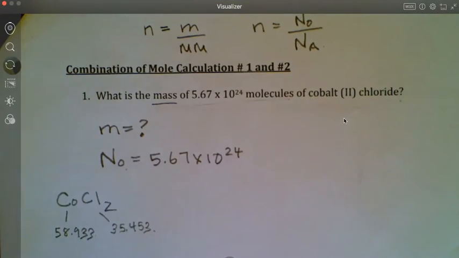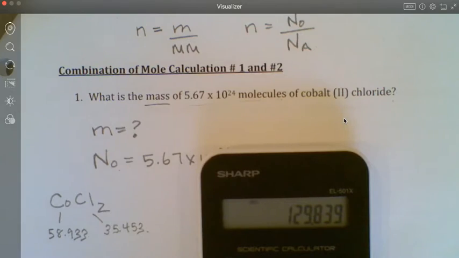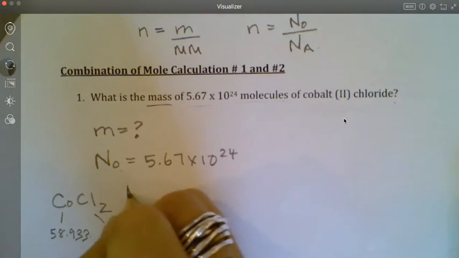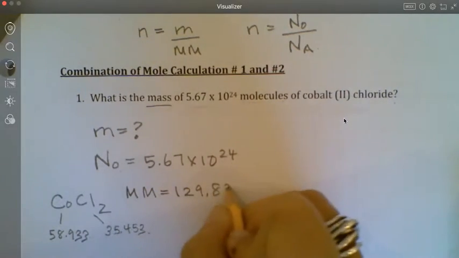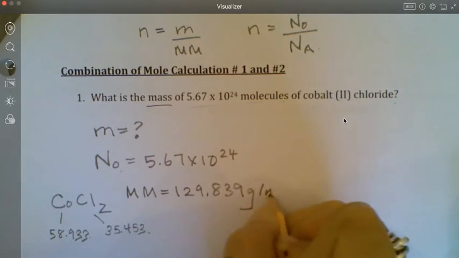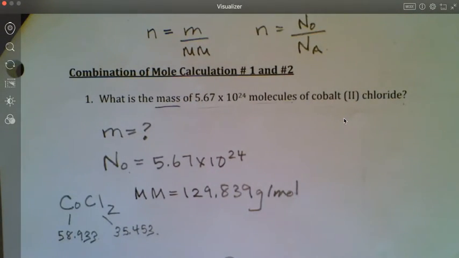I've got 1 cobalt, which is 58.933, and I'm going to add that to, using my square bracket, 2 times 35.453, close my bracket. And the molar mass of cobalt-2 chloride is 129.839 grams per mole.